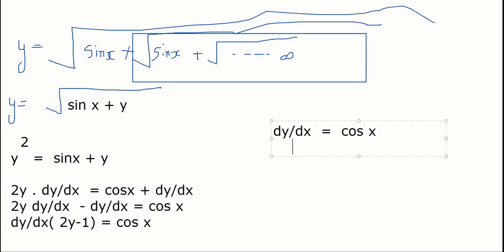I never thought it would become so easy. So cos x by 2y minus 1. That's it. That is the answer. Super.